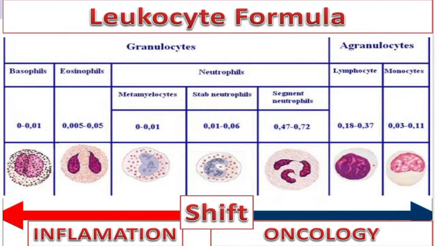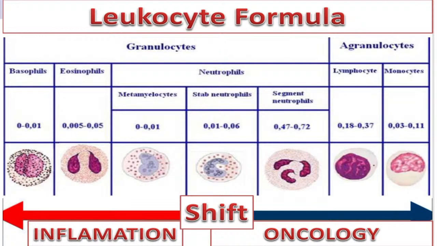If it's increased, it shows a higher level of inflammation. And eosinophils 0.05 to 0.05%. We have to see them when the inflammation decreases, ordinarily.